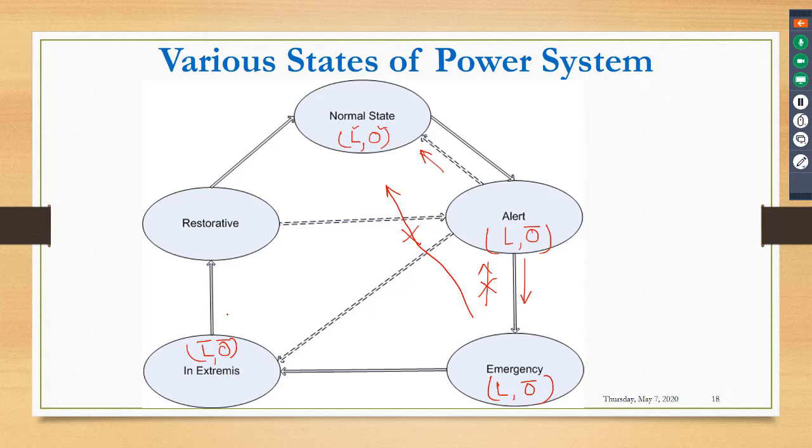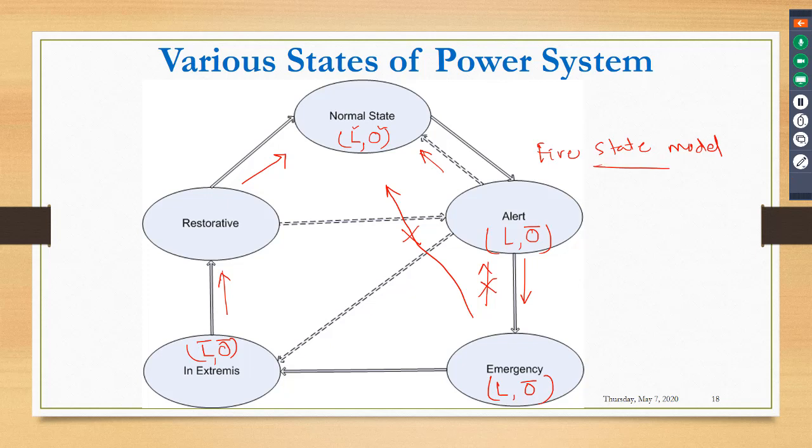And finally from the in extremis state some restorative action is taken, and after that again the normal state is achieved. So this is called the 5-state model of power system.